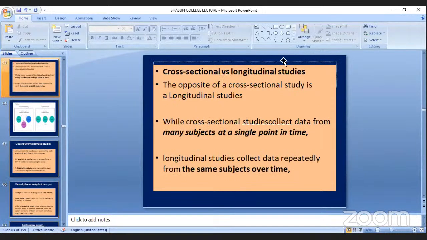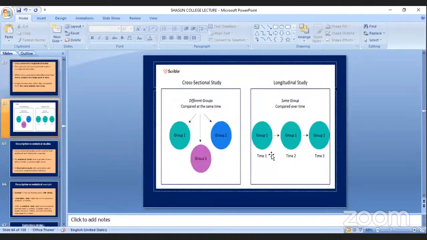Cross-sectional, you have longitudinal studies also. I'll just show you an example of this cross-sectional and longitudinal. In cross-sectional, different groups of people will be taken at the same time. And here, the same group of people will be compared over time.